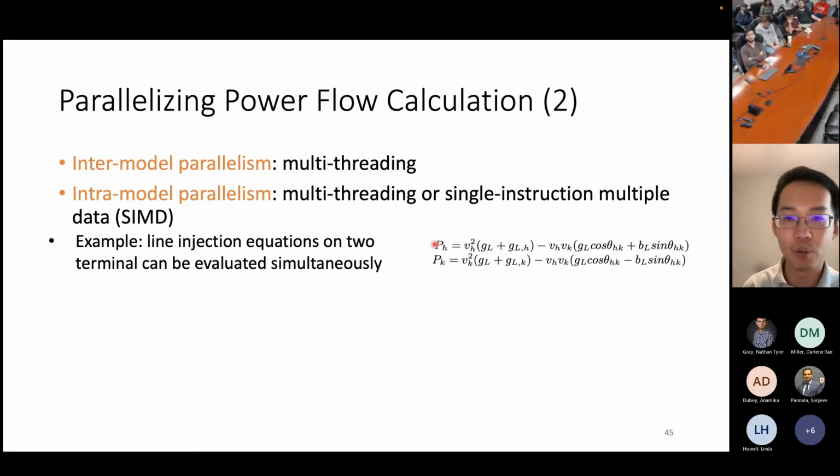So as an example, we calculate the injections from lines by using the line equation.